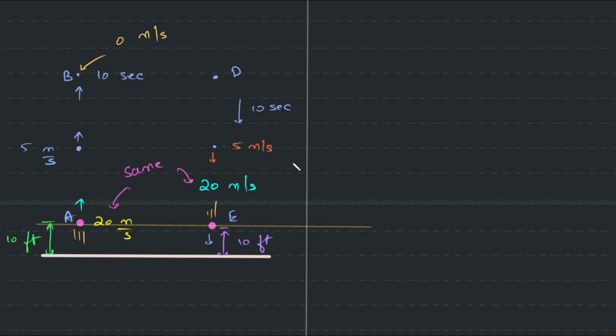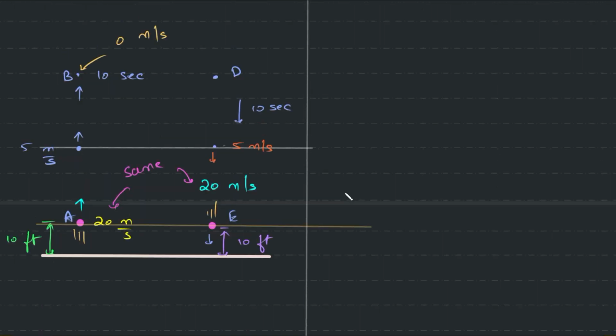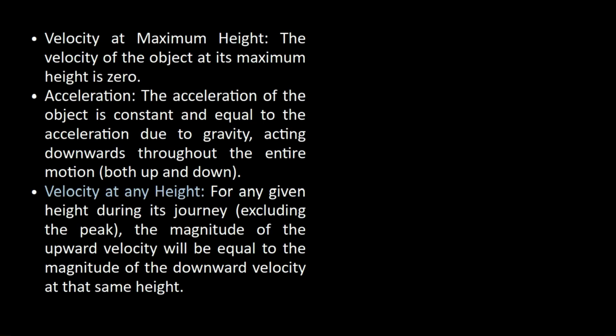That's it. So for a given height, understand this, the speed remains the same. Of course, there's an assumption, that all of this is under vacuum.